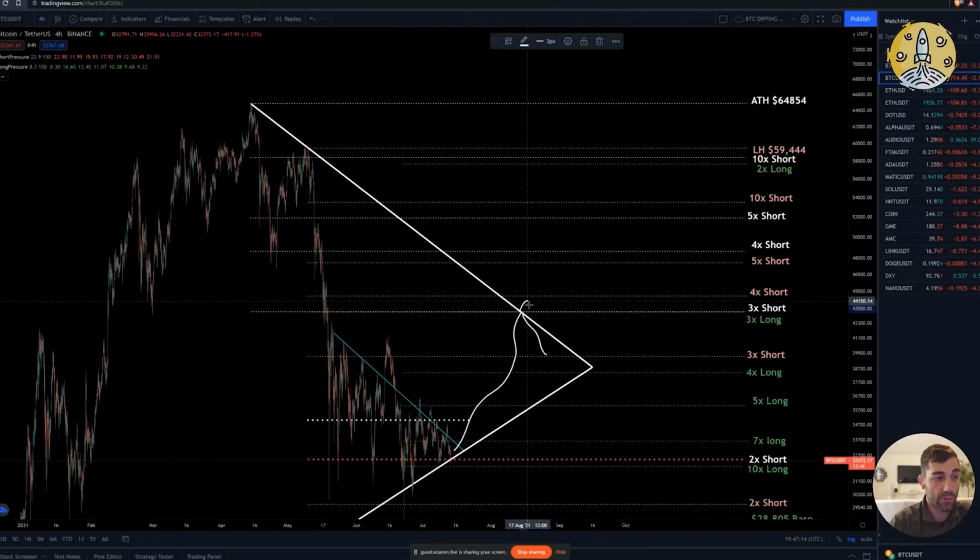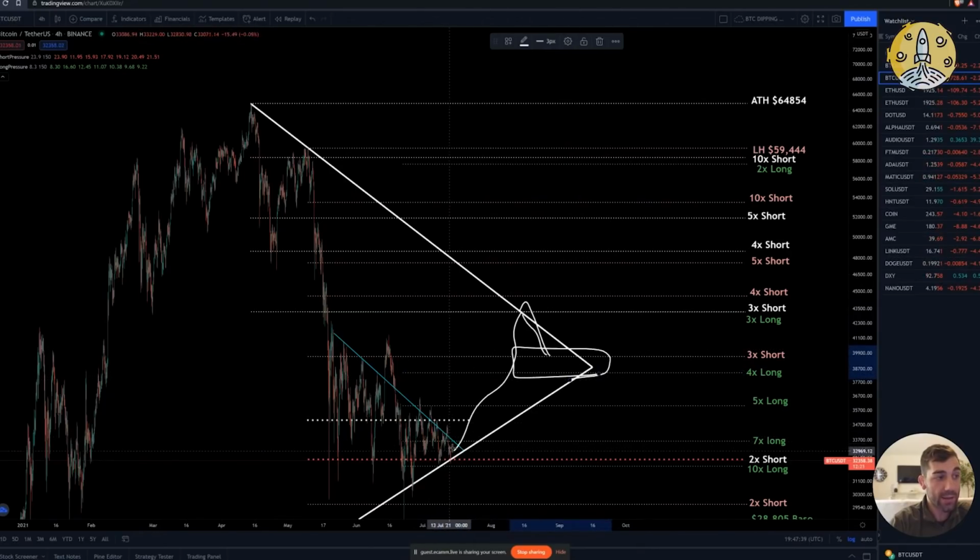Maybe we break through it a little bit, but I don't think we will sustain it for very long before going back down because the shorts will come in at a 3x multiple, and the longs will go away. The 3x longs will dry up, which will ultimately, in my opinion, make Bitcoin come back down. How far down? I'm not sure, but probably at least to this region.